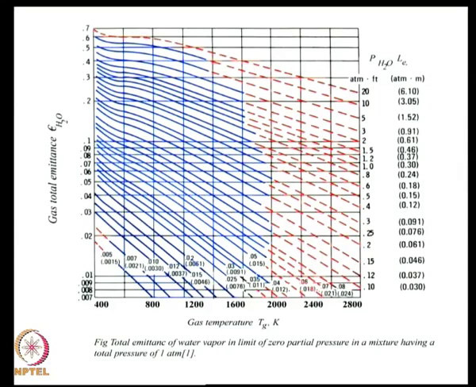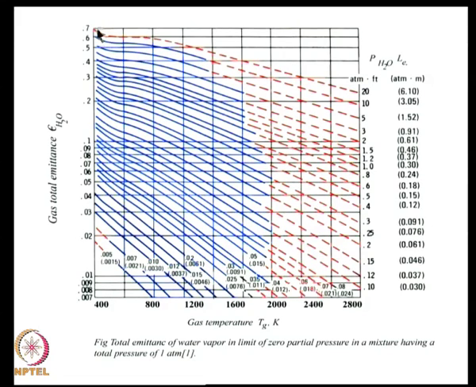So, we will merely have a look at the kinds of emissivity charts that are available. Here is an example of an emissivity chart of water vapor. The x axis gives you the temperature in degrees Kelvin.